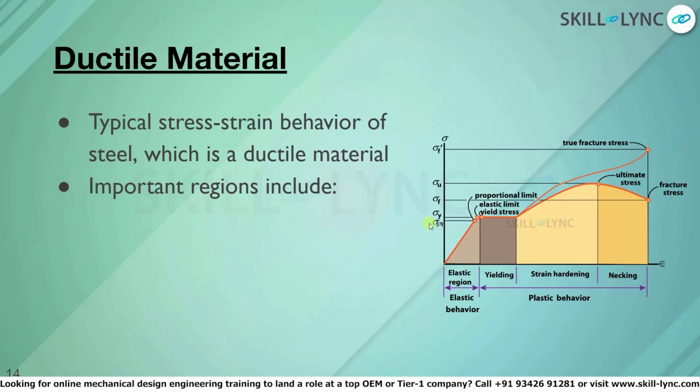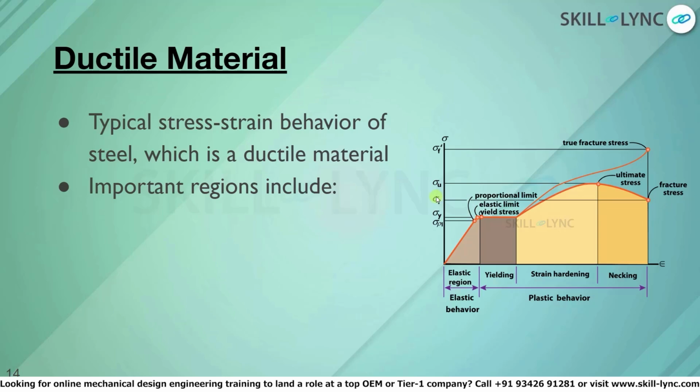After the proportionality limit, we have sigma Y, which is the yield stress. This is the point where the material undergoes yielding, and as engineers we can already call this material going under failure. The next limit for us is the fracture stress, which is sigma F.